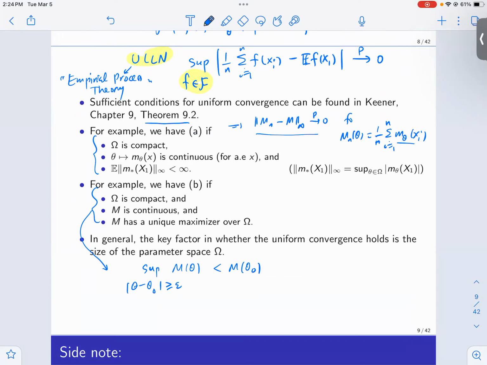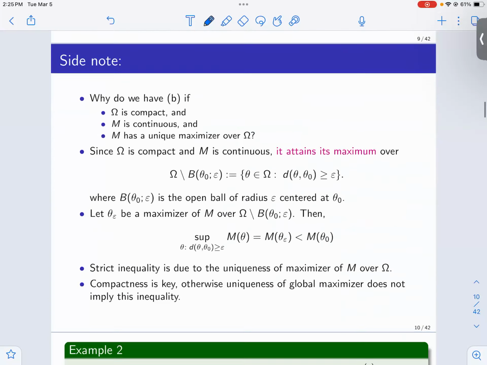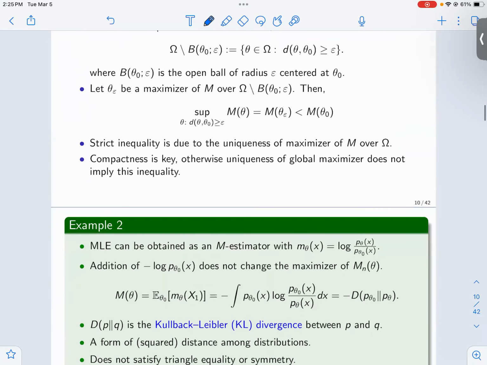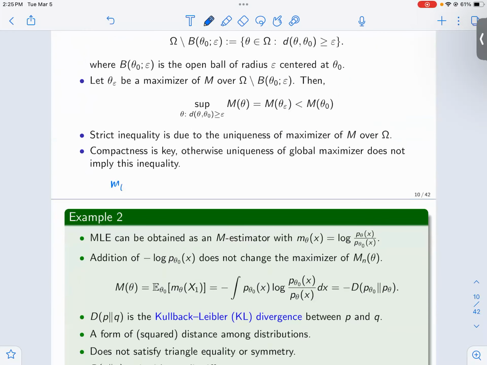Okay, sort of good. So the key takeaway is that the size of the parameter space matters for uniform convergence. So let's see an example. What happens in the case of maximum likelihood? In the case of maximum likelihood, we have this is log p theta of x.